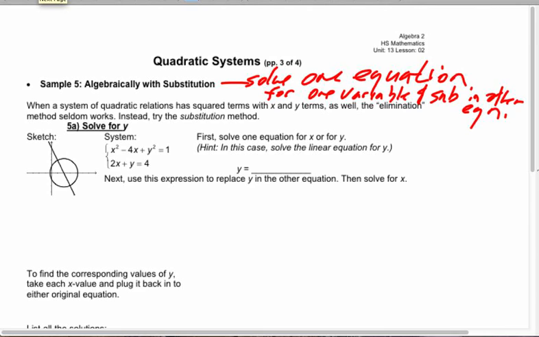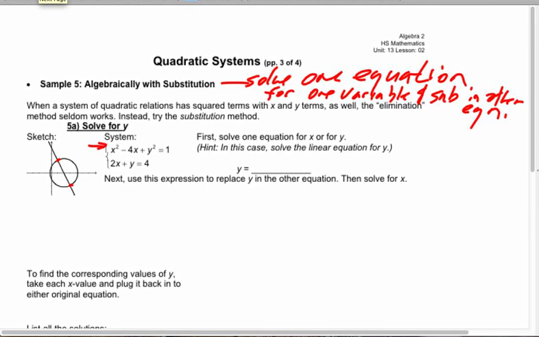So if you've got square terms of x and y's, and this especially works well in something like this where, in this case, I've got a circle and a line. See, I've got 2 points of intersection.